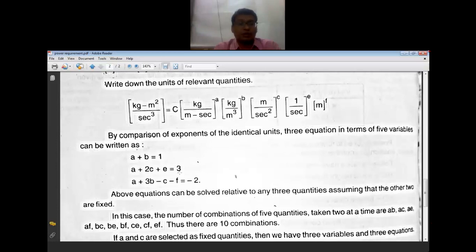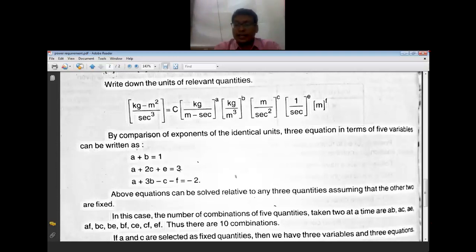Power has second raised to minus 3, viscosity has second raised to minus a, gravity has second raised to minus 2c, and speed of rotation has second raised to minus e. Making all negatives positive, a plus 2c plus e is equal to 3.